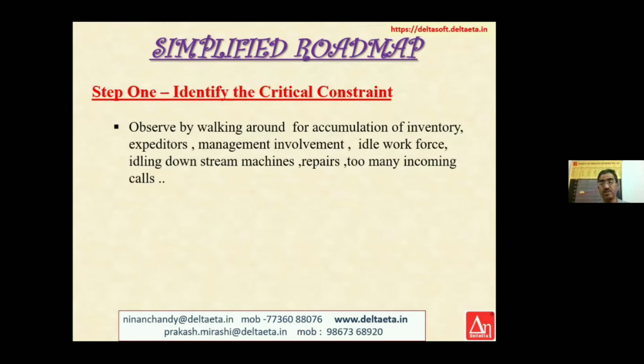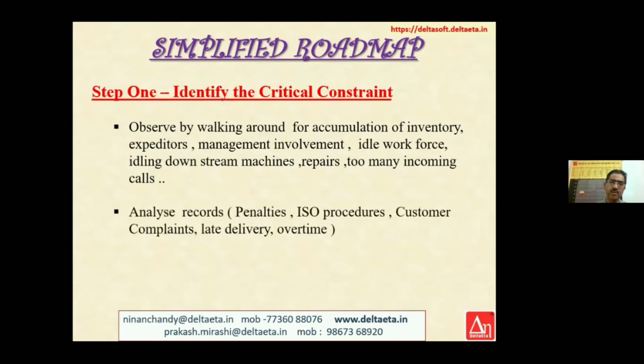When the downstream machines are idling, you know that the constrained machine is not working at full level. Too many incoming calls. When you analyze records also, it need not always be on the shop floor. You can analyze the records and find out where the constraint is, where you have paid more penalties, how the ISO procedures line up in your process.